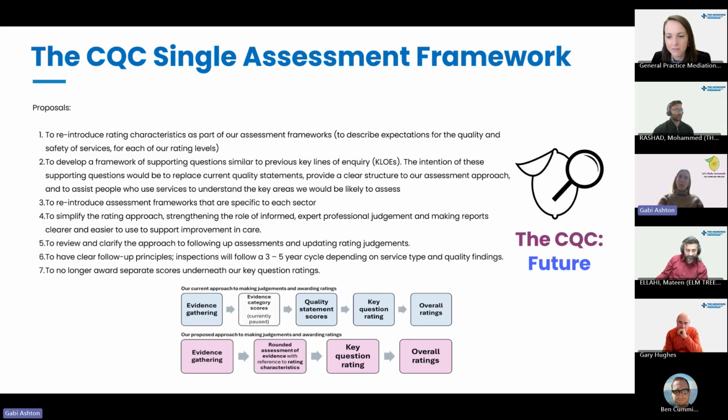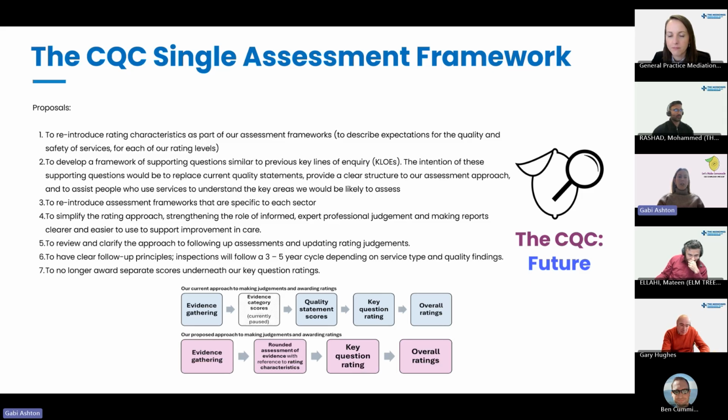For those of you who remember the KLOE days, there were actually some fantastic resources about what each KLOE meant in practice. So there were characteristics and descriptions. There was a draft that was produced by the CQC for the quality statements, but they're going to commit to providing more detail. And as part of that, looking at a framework to support providers with their ongoing compliance.